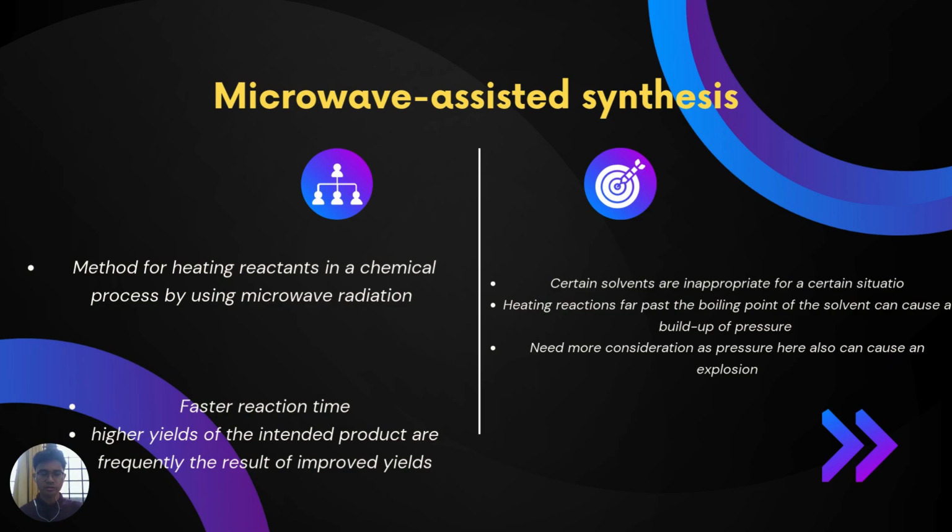The disadvantages are that certain solvents are inappropriate for certain situations. Secondly, heating a reaction far past the boiling point of the solvent can cause a buildup of pressure. It also needs more consideration, as the pressure buildup can cause an explosion.